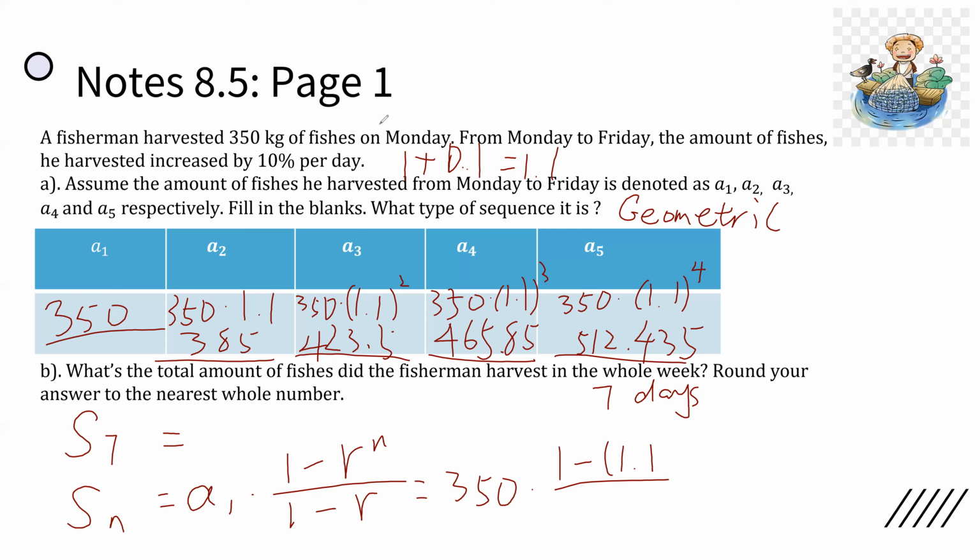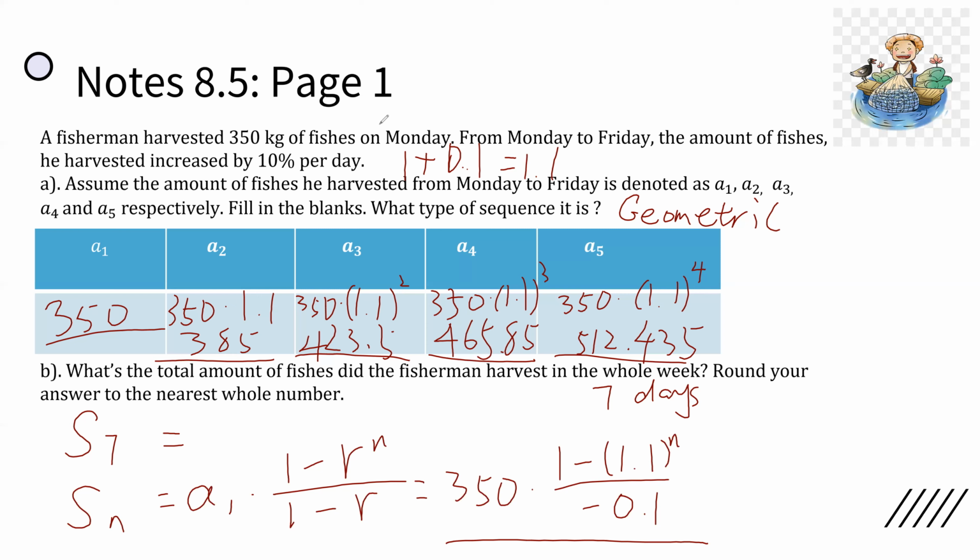the common ratio is 1.1. So the denominator will be 1 minus 1.1, which is negative 0.1. Okay, so right now we get the formula for finding the sum of the first n terms in this geometric sequence.